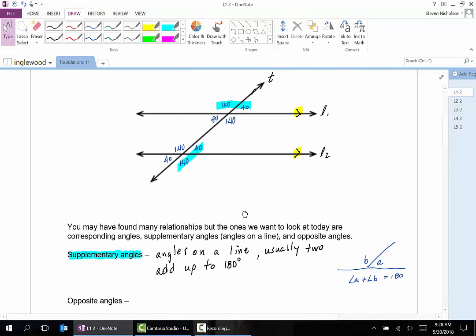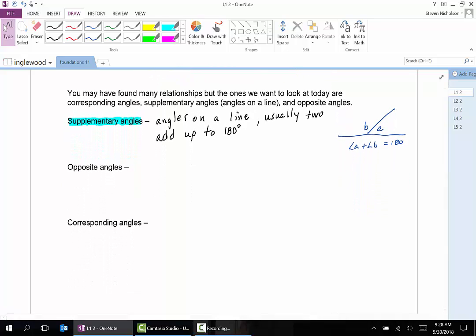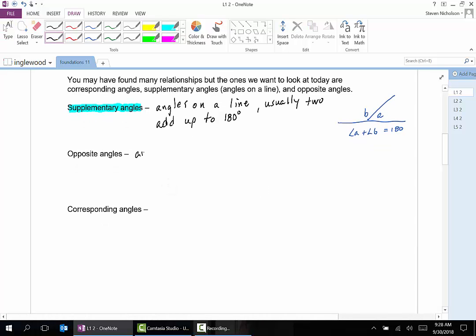Okay, vertically opposite. Vertically opposite are literally as it says, or just opposite. It doesn't have to be vertically opposite. So those are examples of some opposite angles. And opposite angles are just angles across from each other, at a place where two lines cross.